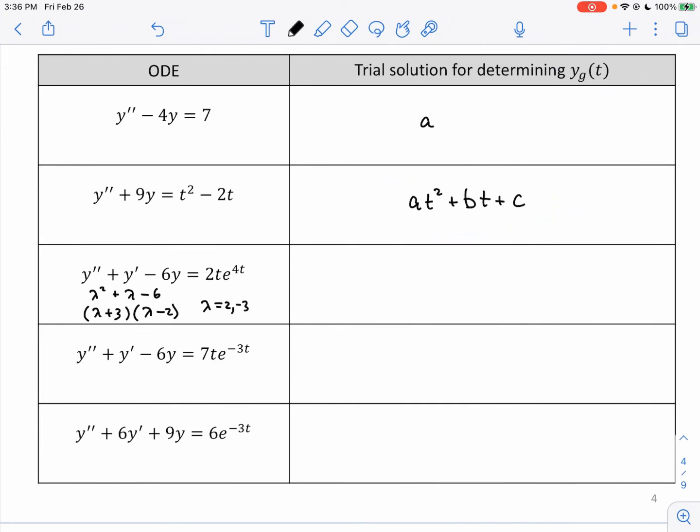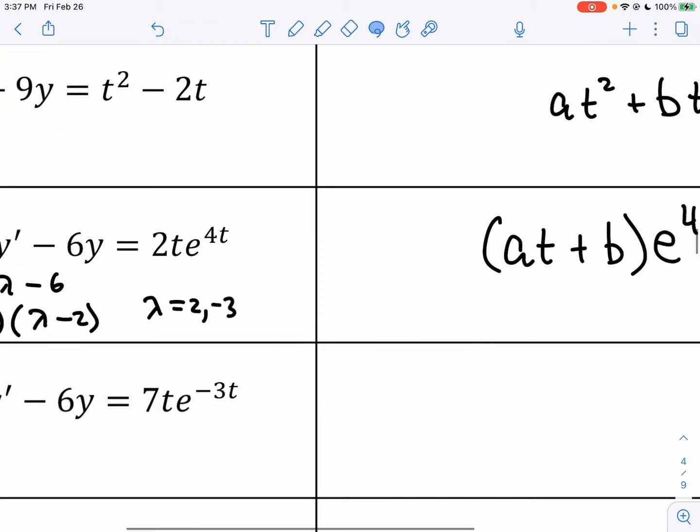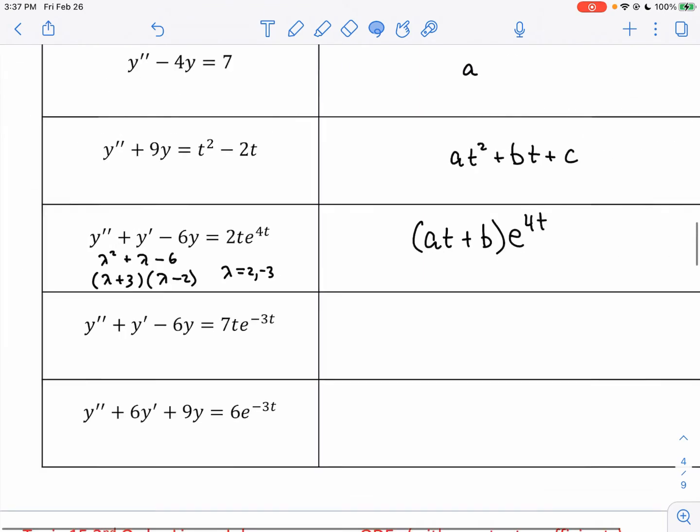So we have a 1st degree coefficient of this e to the 4t, so I'm going to have to do a 1st degree general, so at plus b, that's my q of t, times the e to the 4t. And I don't need to put any t's in front, because the 4 in that exponent does not match either one of our roots of the characteristic polynomial.